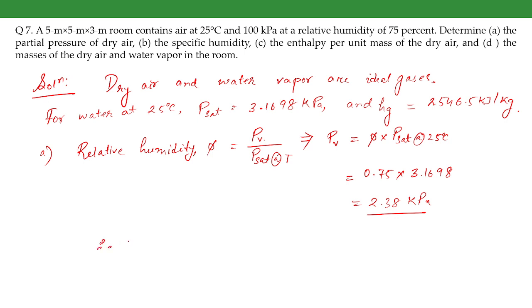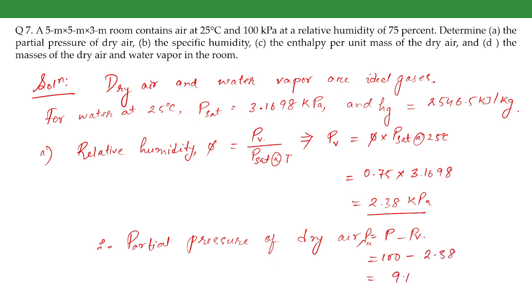Therefore, the partial pressure of dry air is the total pressure minus the partial pressure of vapor. So the total pressure is 100 kPa and the partial pressure of vapor is 2.38. So it comes out to be 97.62 kPa.